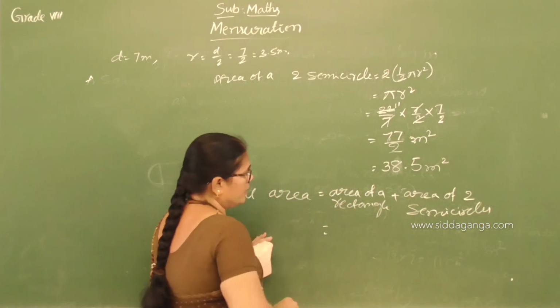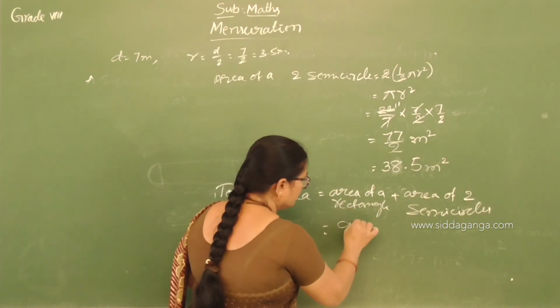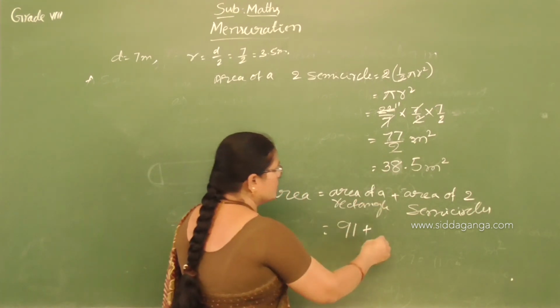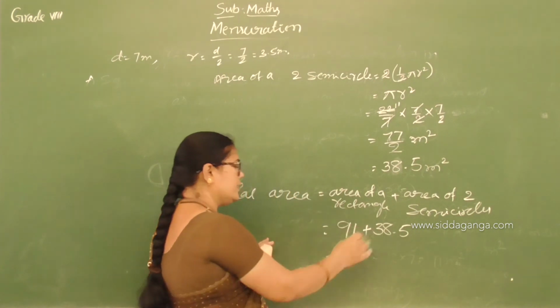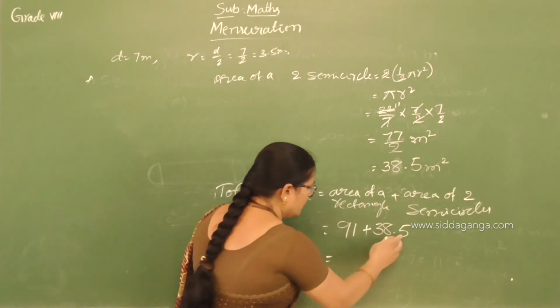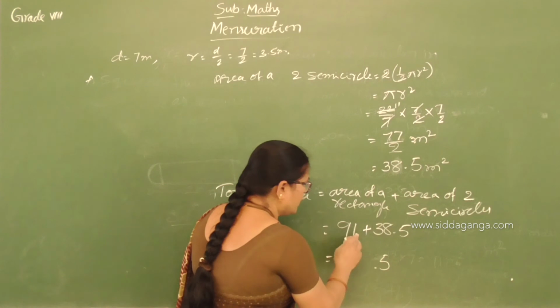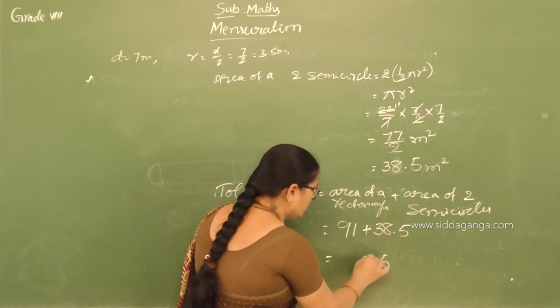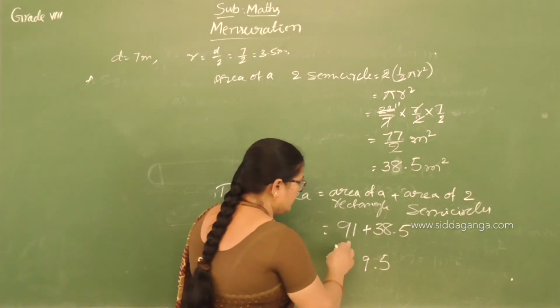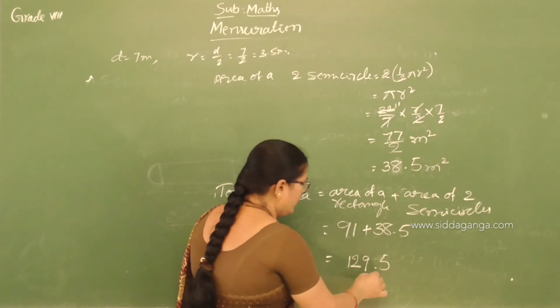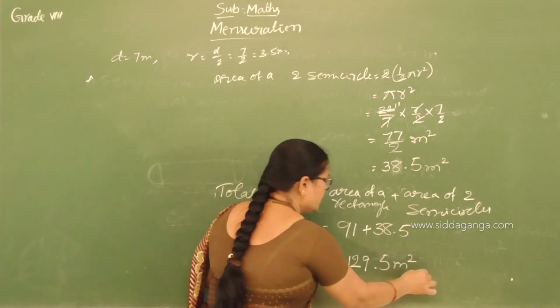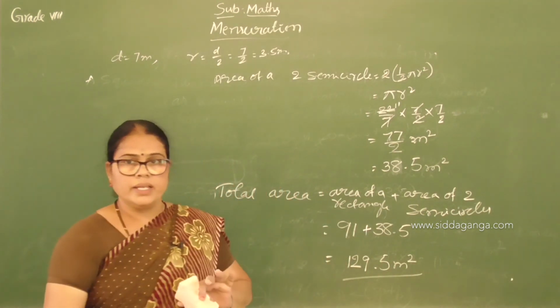So area of the rectangle is equal to 91 plus area of two semicircles is equal to 38.5. We add these two. That will be equal to 129.5 meter square, which is the area of the garden.